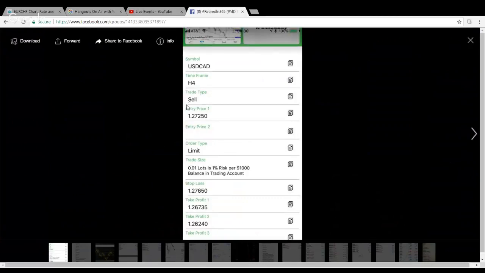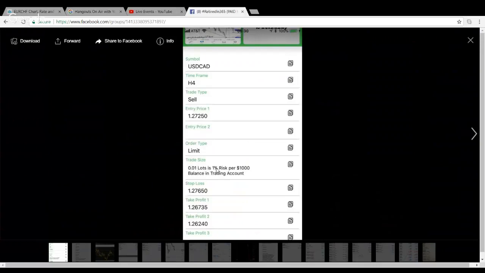Trade type means sell. Entry price, and then they'll tell you the order type, whether it's a market execution or a pending order. One of the pendings: sell limit, buy limit, buy stop, or sell stop. They'll tell you the trade size.